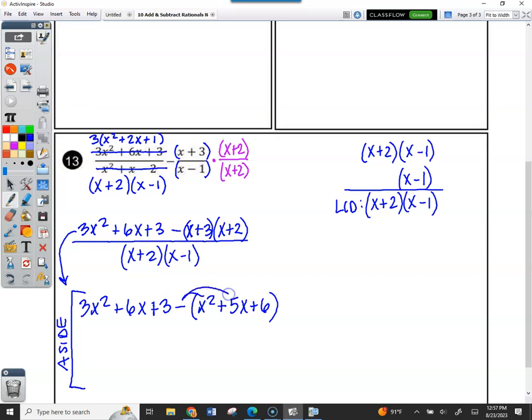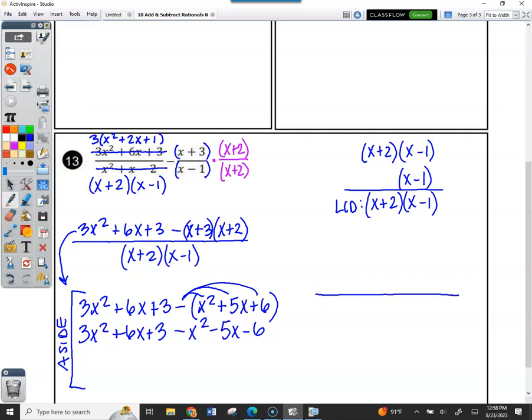Now, see where that negative plays a role? I'm going to bring this down. Now I'm going to combine like terms, and I actually don't even need to write it here. And now I'm ready to write my answer.